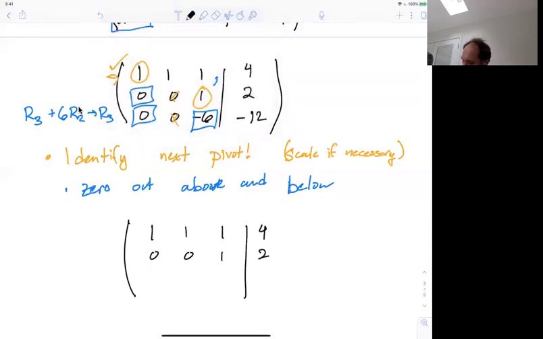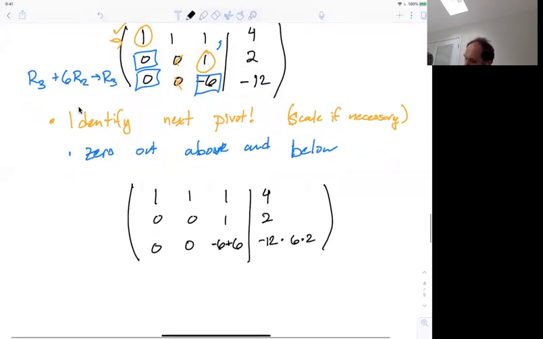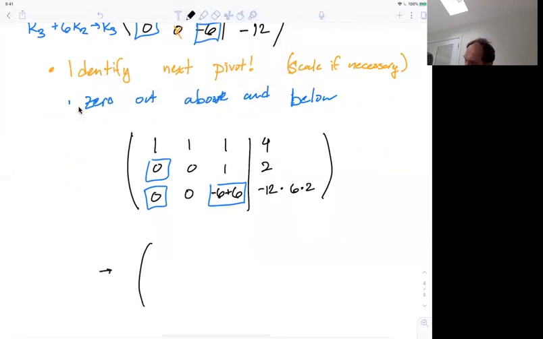So this one's going to be 0, 0, minus 6 plus 6, minus 12 plus 6 times 2. And you'll notice we wanted to zero out these. Those are the ones that we wanted to zero out from doing our pivots. So this is now going to become 1, 1, 1, 0, 0, 1, 0, 0, 0, 4, 2, and 0.